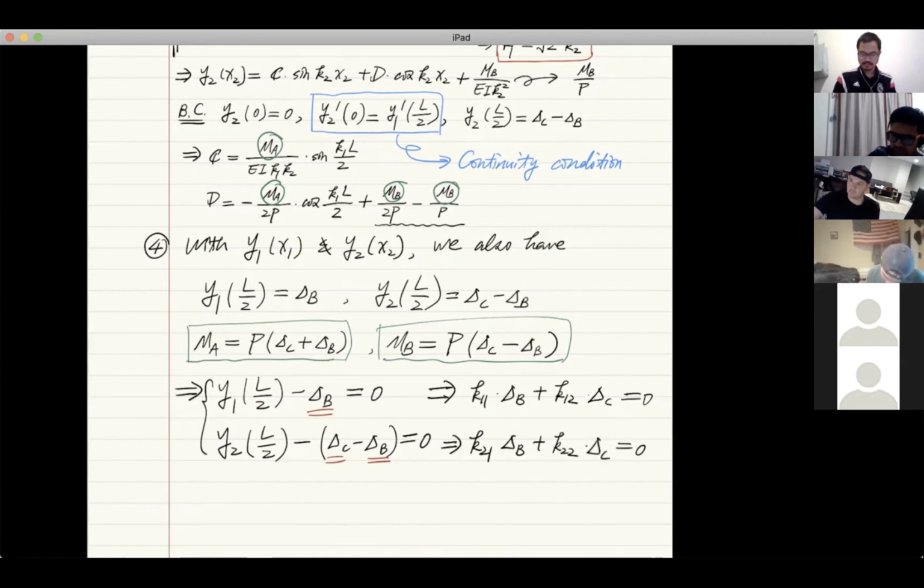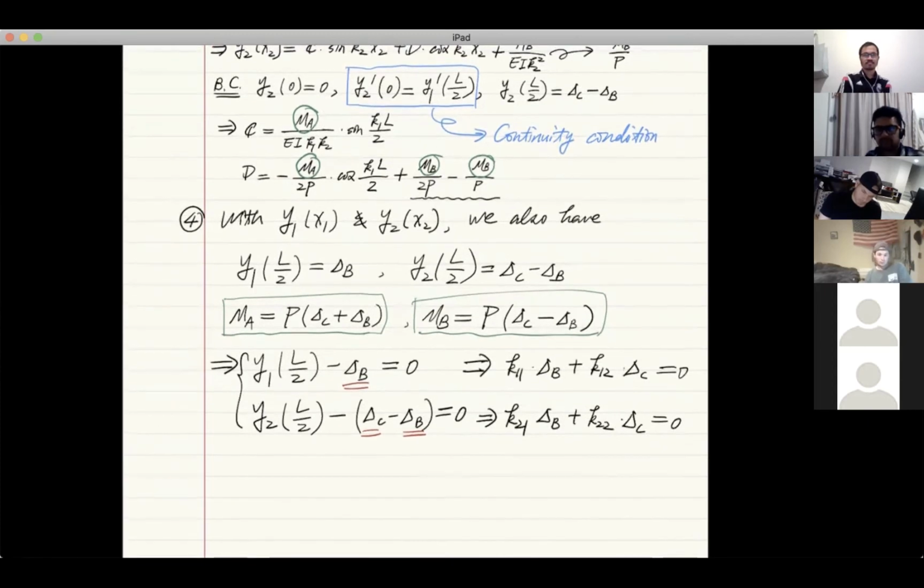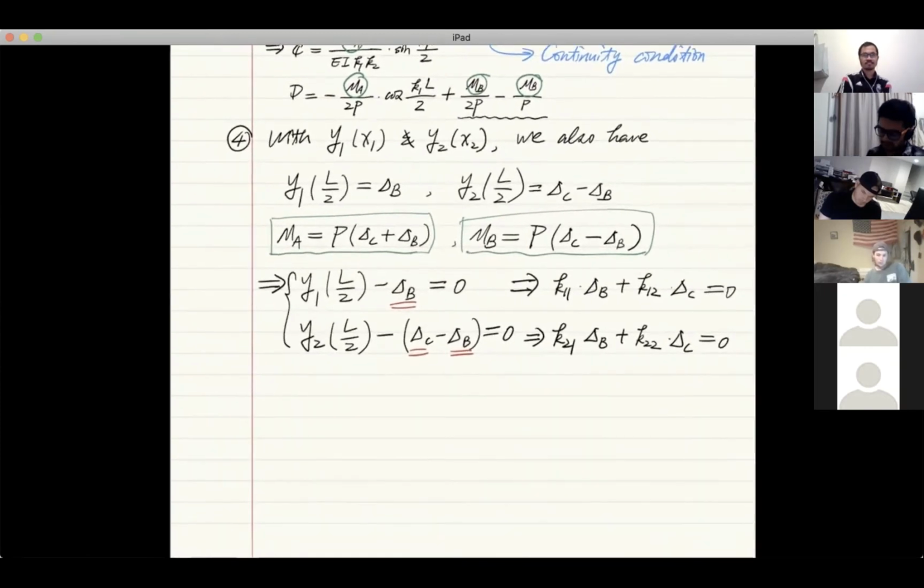Of course, this could be a good exercise for you to practice. How do you get expressions of these coefficients, K11, K12, K21, and K22? All you have to do is just to substitute x1 with L over 2 and x2 with L over 2 into the expressions that we have found before. But this is just mathematical substitution.